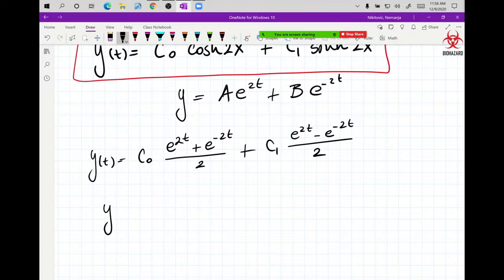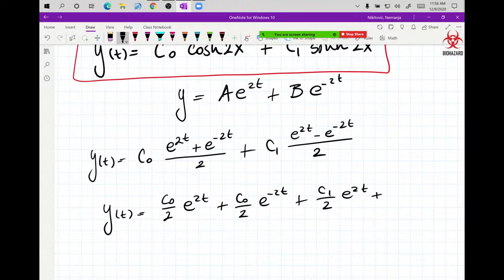So now we have y of t is equal to c0 over 2 e to the 2t plus c0 over 2 e to the negative 2t plus c0 over 2 e to the 2t plus c1 over 2, sorry, that's a minus, e to the negative 2t.